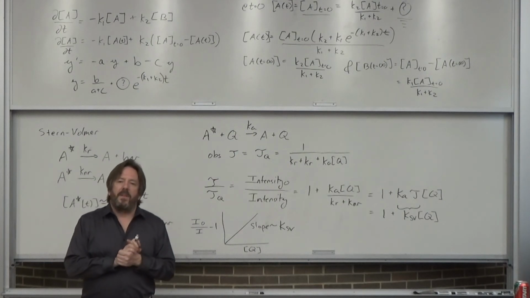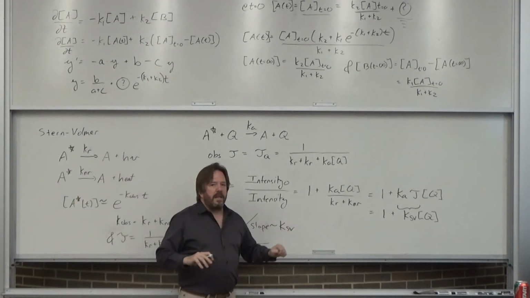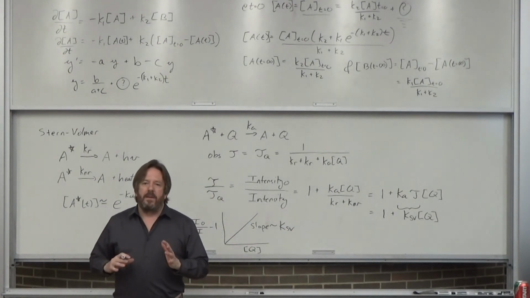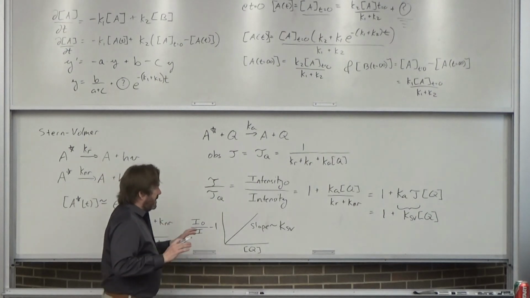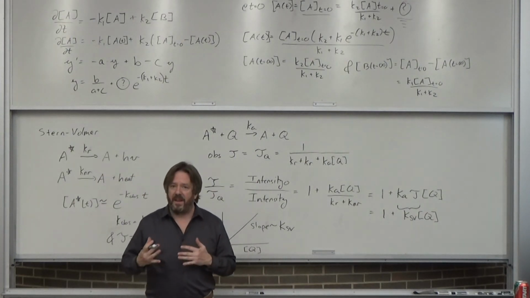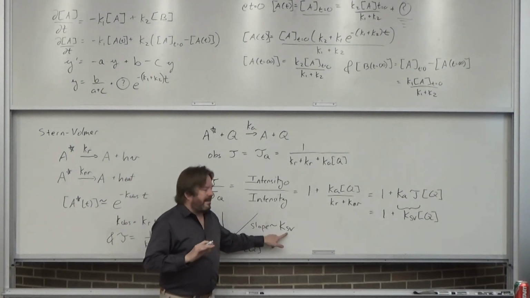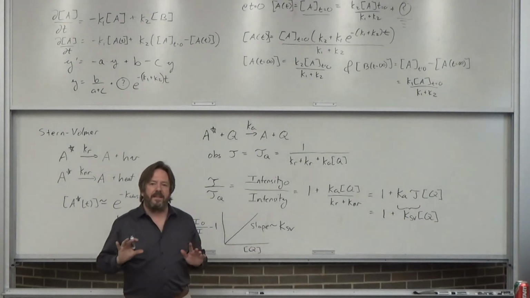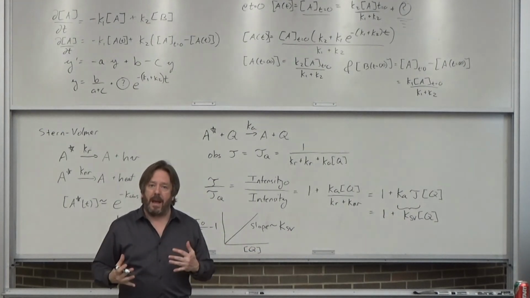Okay. Now the important thing about this is that this is a really, really good way to probe biological activity. And I can't really explain this further because I'd have to start bringing up specific examples, and I'm kind of out of time. But the important thing is that the Stern-Volmer constant itself is readily interpretable depending on your biological application.